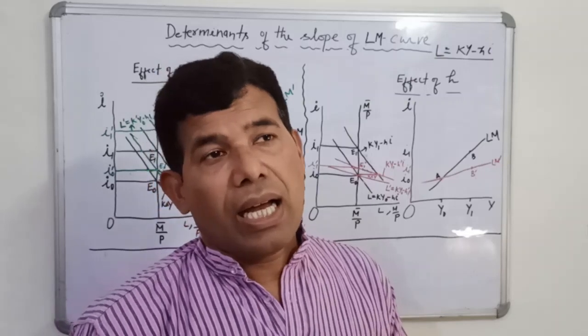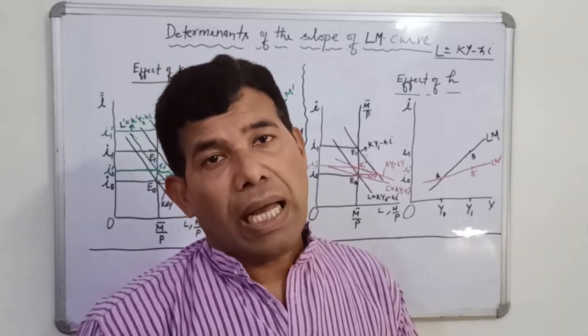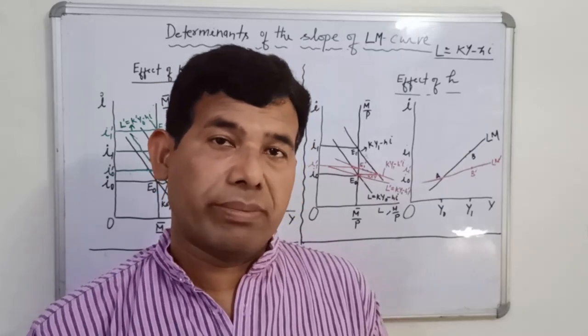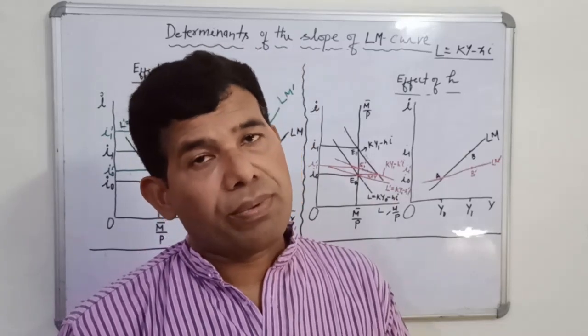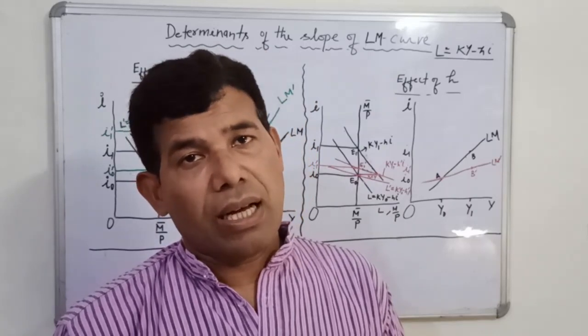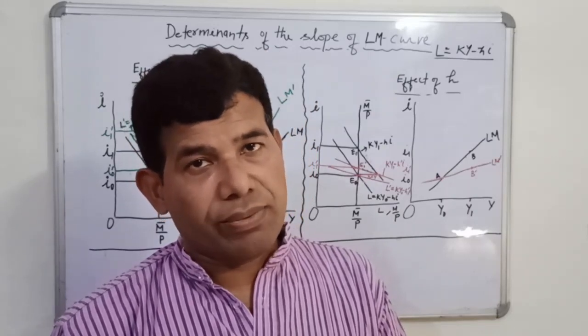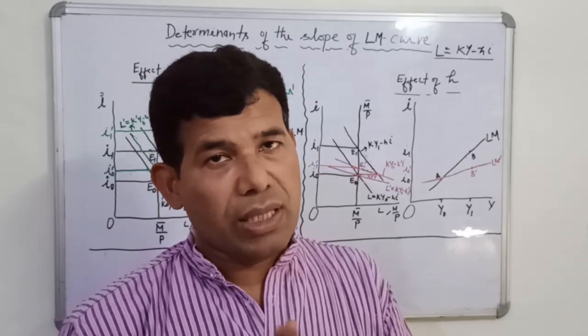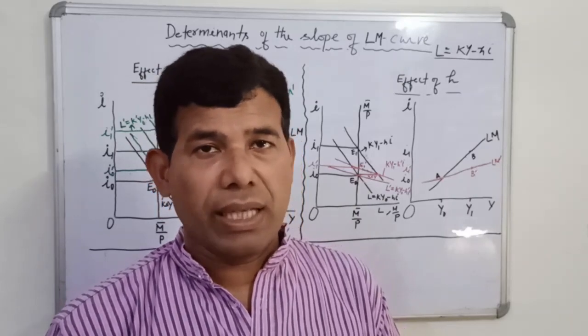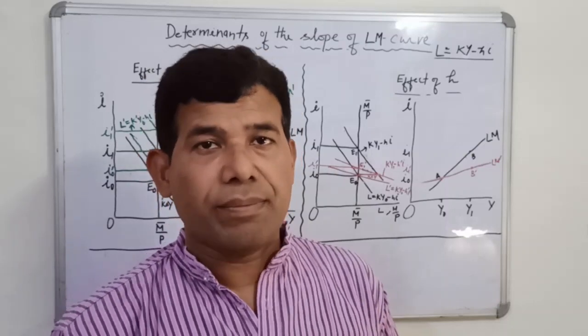It would also help us to understand to what extent monetary policy would be effective. So the slope of the LM curve and IS curve are very important to identify which policy would be effective in changing the level of GDP in the economy.